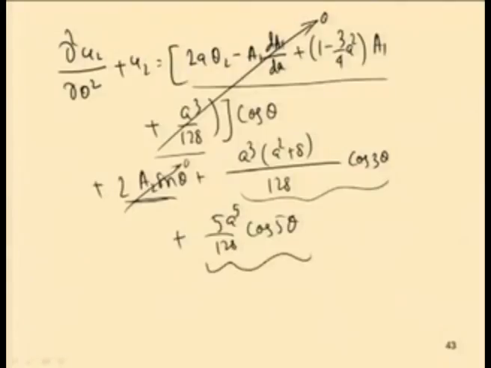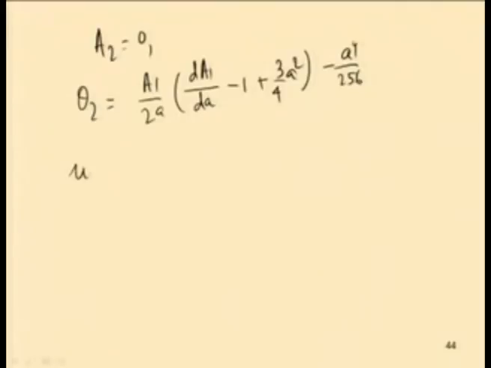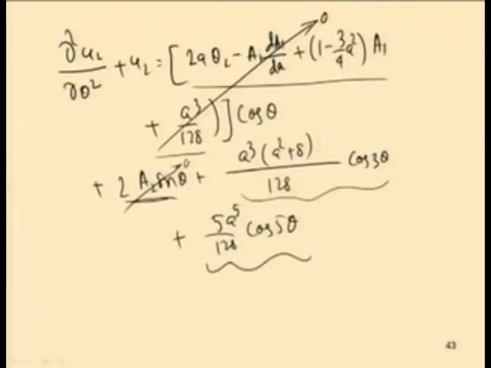From this, we can write the expression for u2. In this case the auxiliary equation becomes D² plus 1. By substituting for D², for this term minus 9, this becomes 8, so 5/(128 into 8). Similarly, in this case it is minus 25 plus 1, which becomes minus 24.